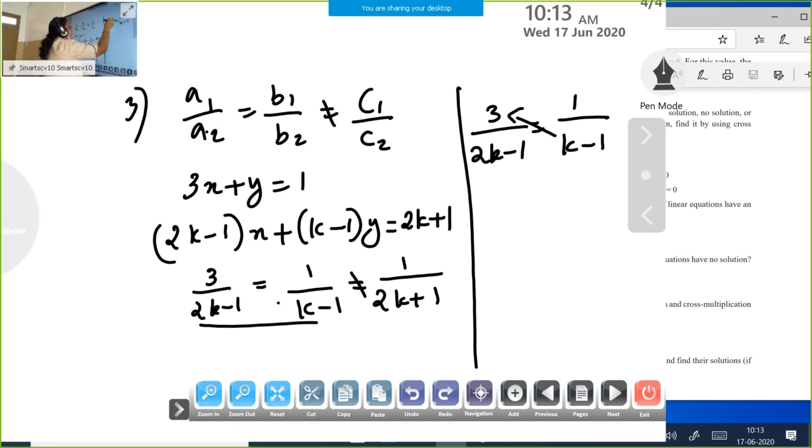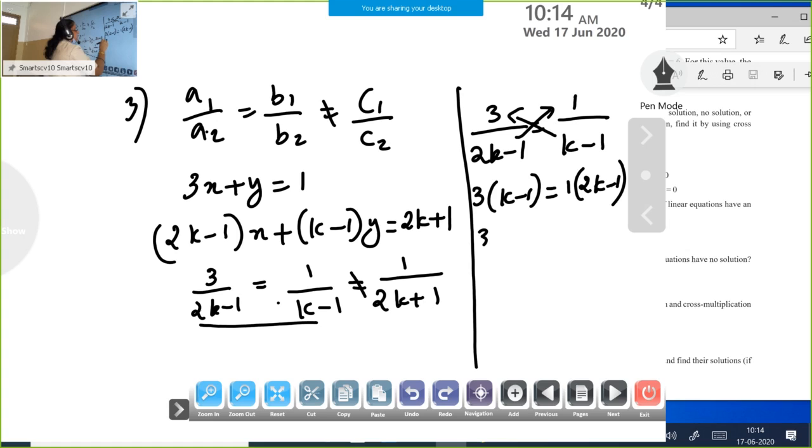Cross multiply. That is 3 into k minus 1 is equal to 1 into 2k minus 1.